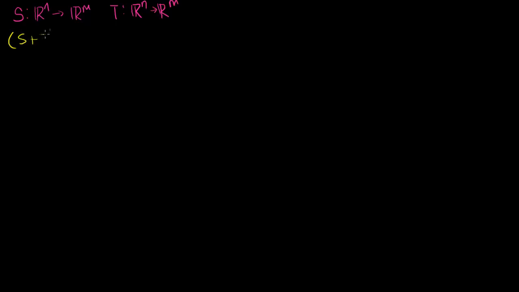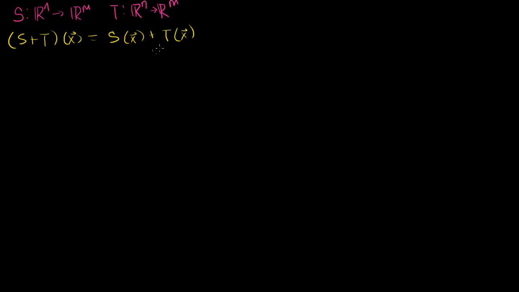So S plus T, this transformation of x, we defined as being equal to S of x, this vector, plus T of x. And of course, the input is still from Rn, and then each of these are vectors in Rm.